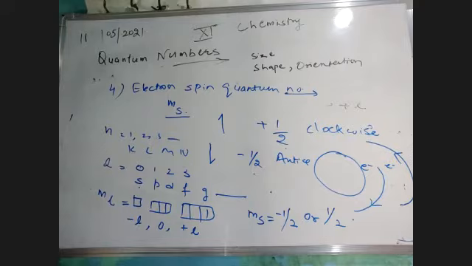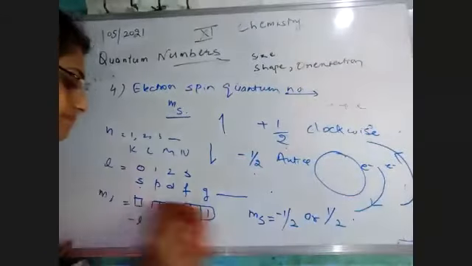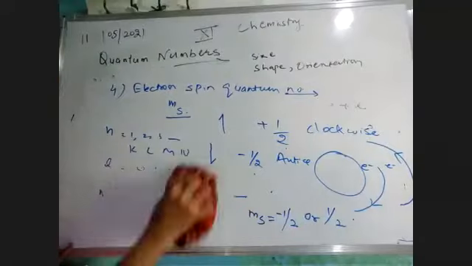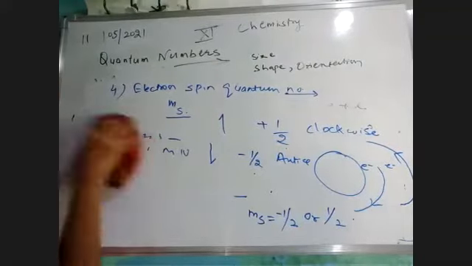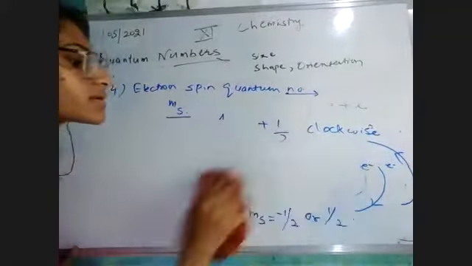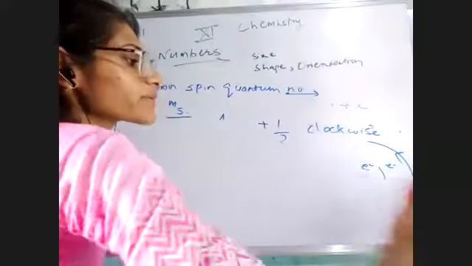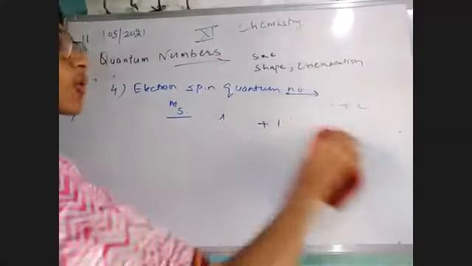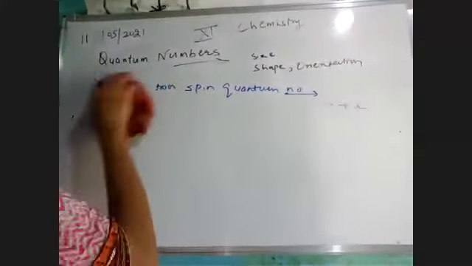First, let's start with problem 2.18 that's given in your in-text questions. The question has given us the 4 quantum numbers, and we have to say which orbital it is representing.